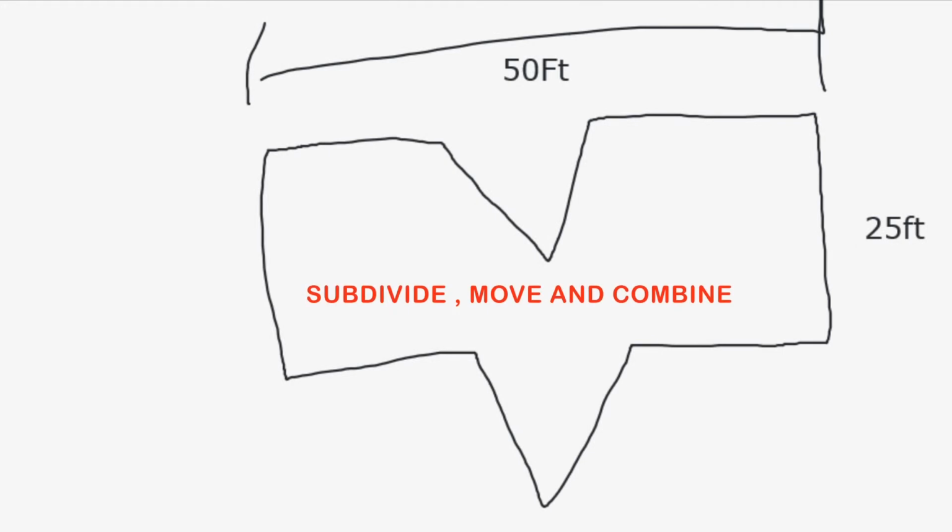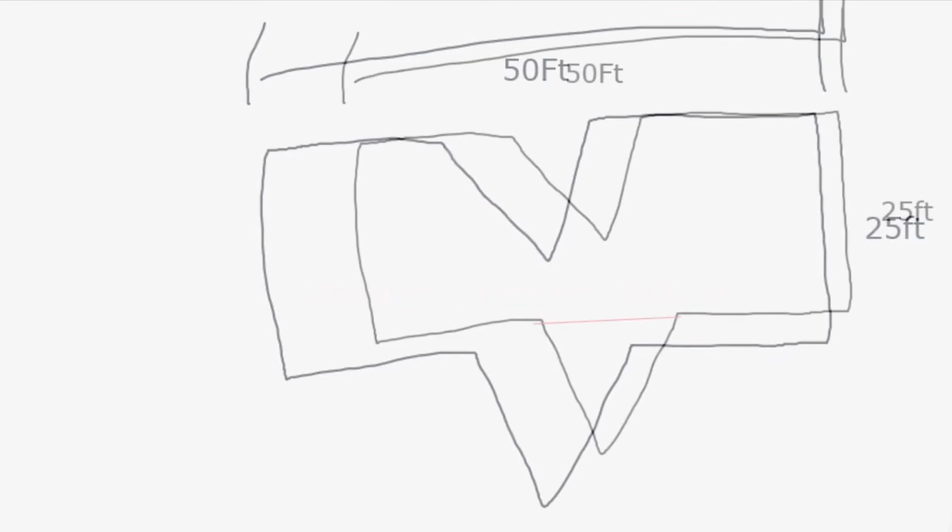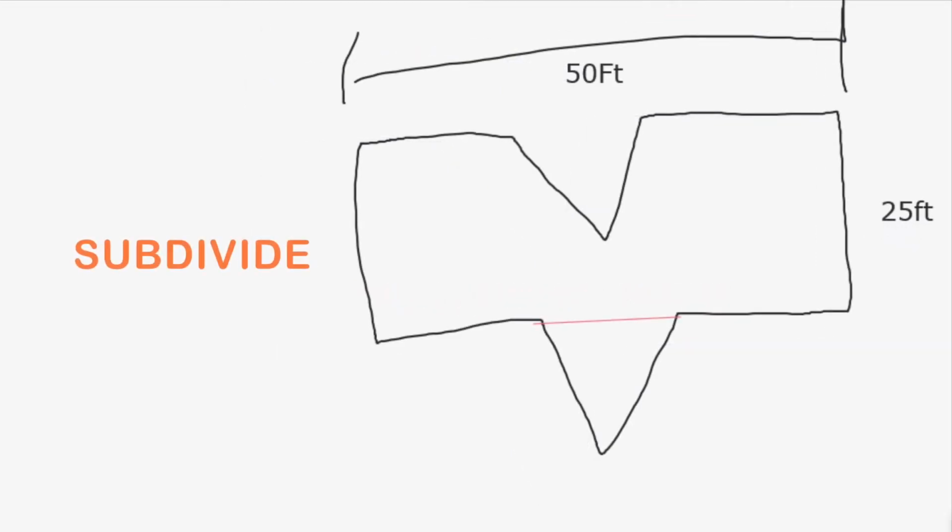An example of this principle would be this shape. When looking at the shape, you will have to use the subdivide, move, and combine method. In this method, you first start by dividing what you think you can divide.